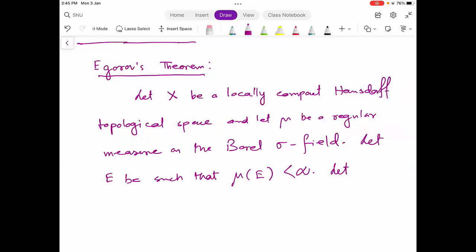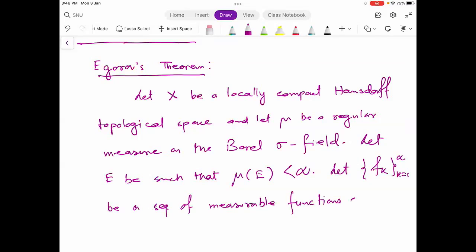Let Fk be a sequence of measurable functions such that Fk goes to F almost everywhere on E.